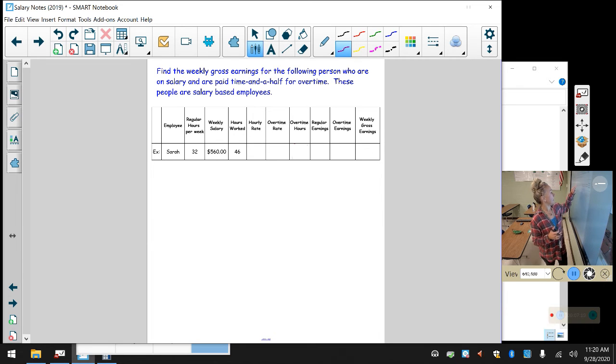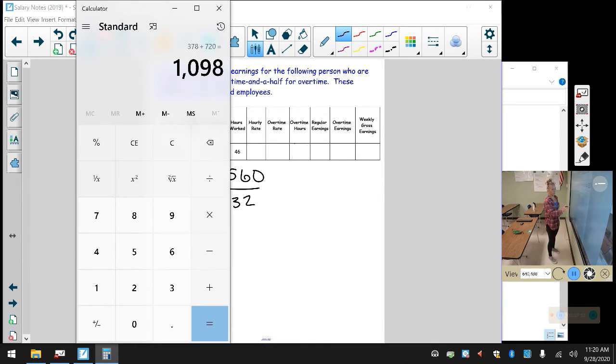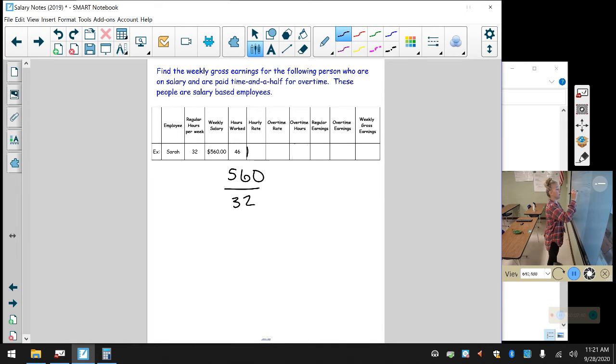So let's go ahead and find her hourly rate, which is what we did earlier. We took our 560, or in this case, divided by 32. $17.50 is her hourly rate.